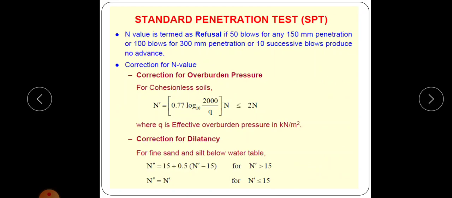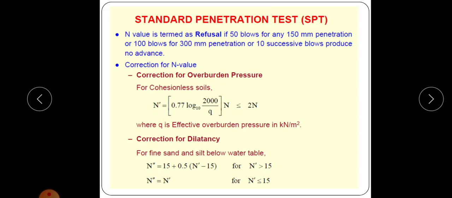And there is one correction needed. If the number of blows for a 150 mm drive exceeds 50, that is, if N is greater than 50 for a 150 mm drive, it is taken as refusal and the test is discontinued. The standard penetration number is corrected for overburden correction and dilatancy correction. First, correction for overburden pressure for coastal soil.